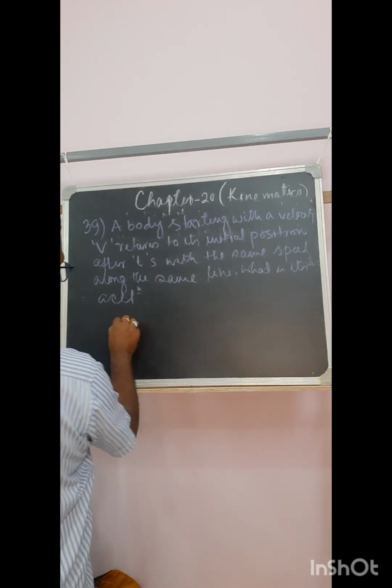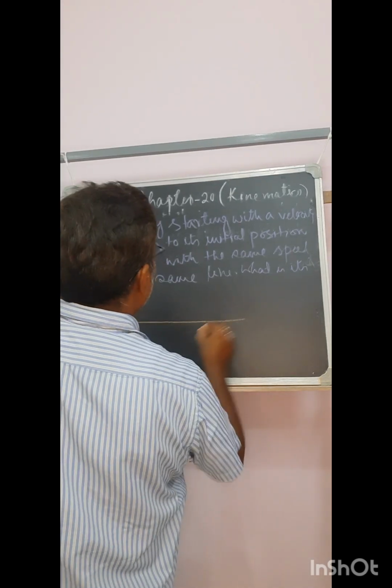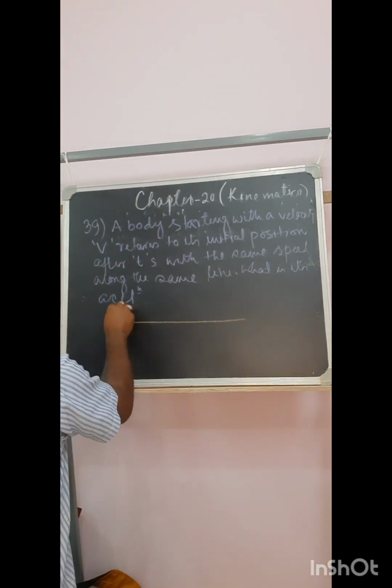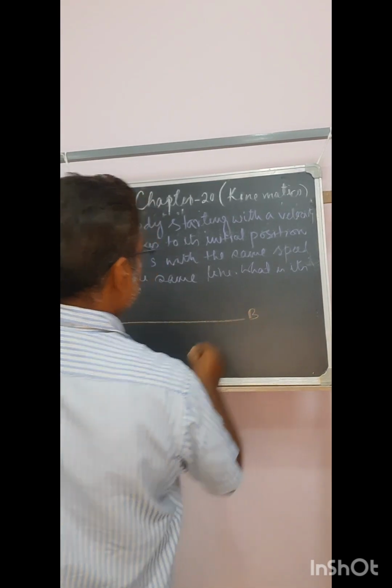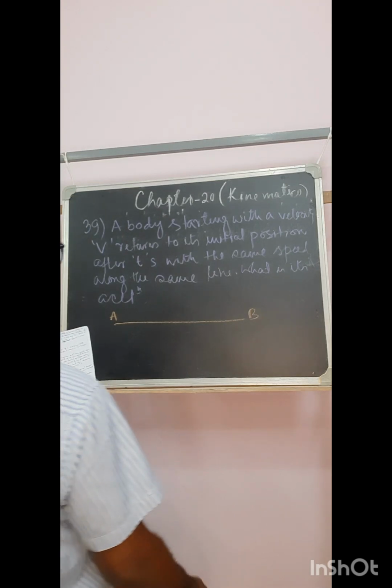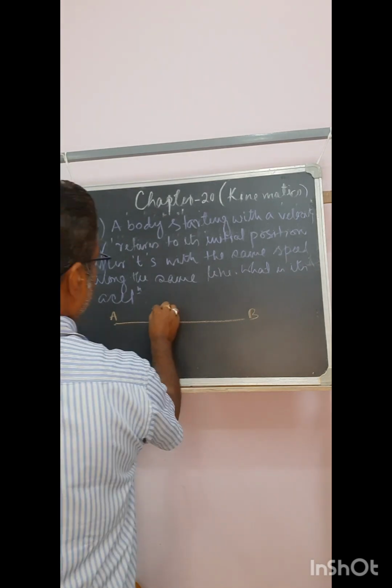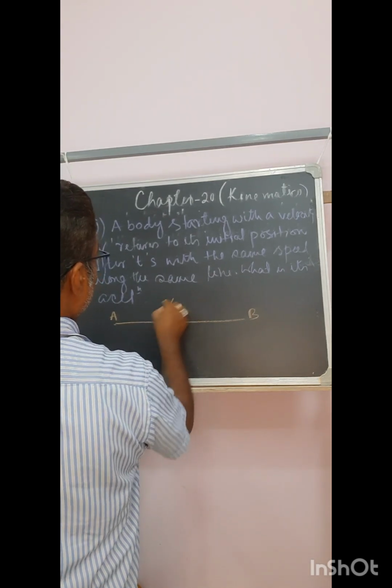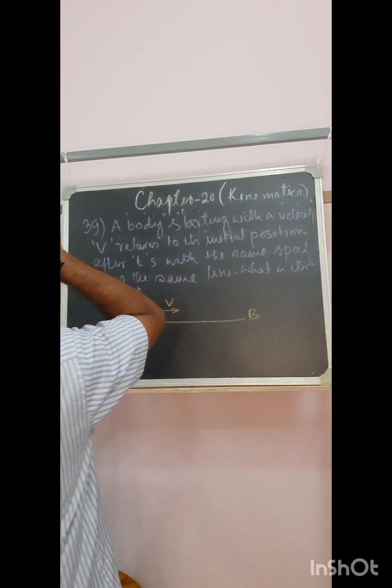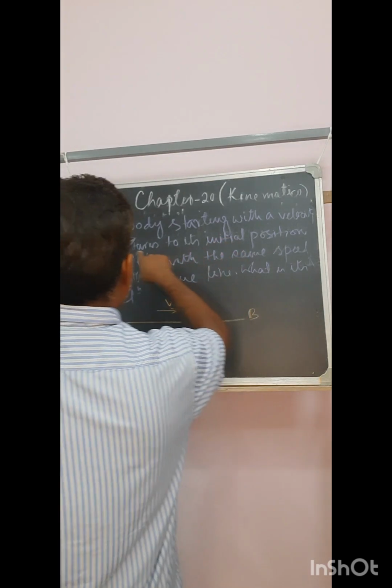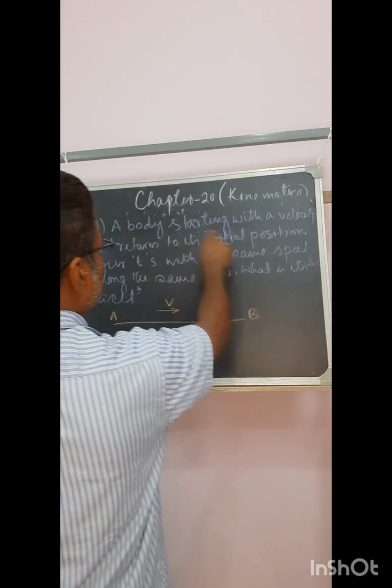Okay, so now the car is moving following a path. Let's say A and B are the starting point and end point. Velocity while going from A to B is v, and it returns to its initial position.